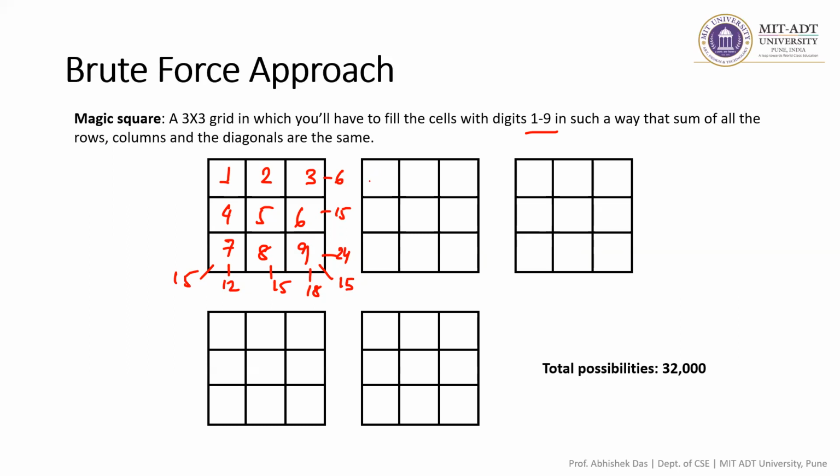Let's say another combination is 2, 3, 4, then 5, 6, 7, then 8, 9, 1. If you take this combination, then 2 plus 3 is 5, and 5 plus 4 is 9.